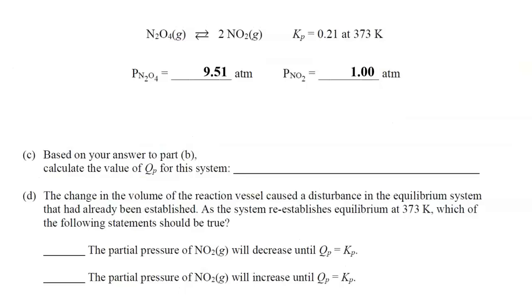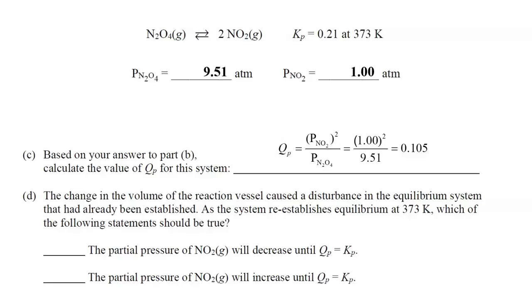Based on your answer to part B, which are these pressures of 9.51 and 1.00 atmospheres, what is the value of Qp for this system? So pressure of NO2 squared divided by pressure of N2O4. It's going to be 1 squared divided by 9.51, and we get a value of Q of 0.105.